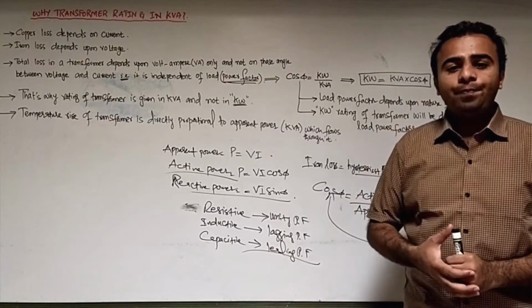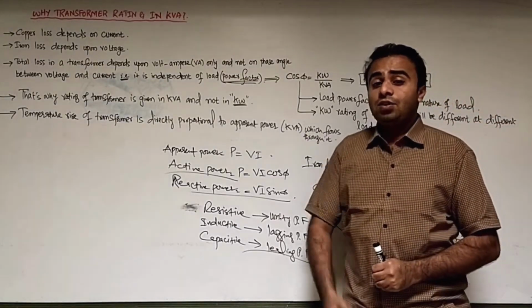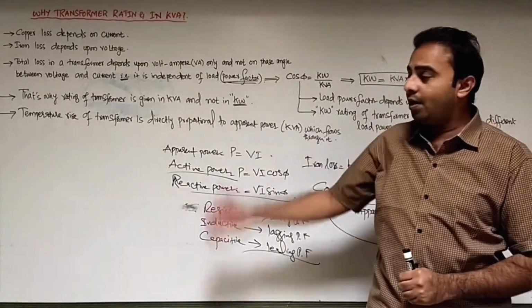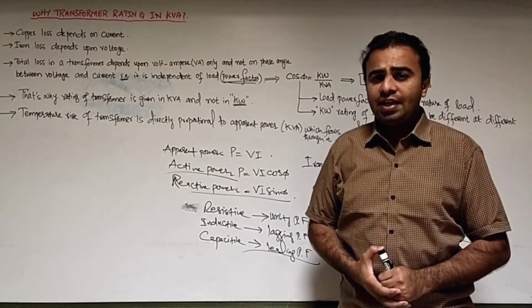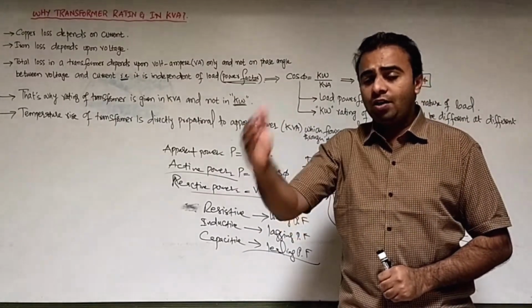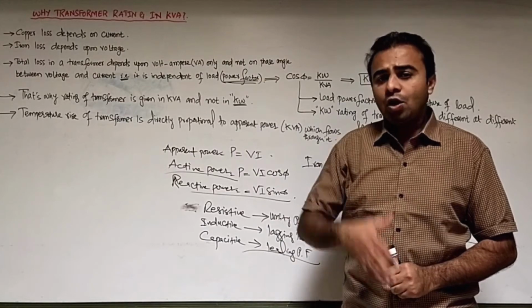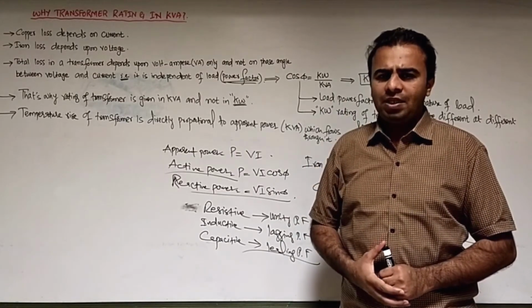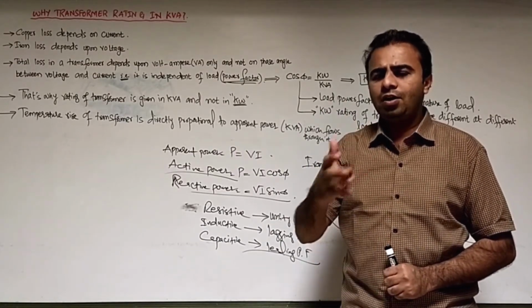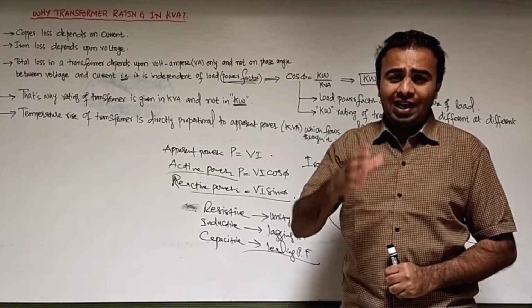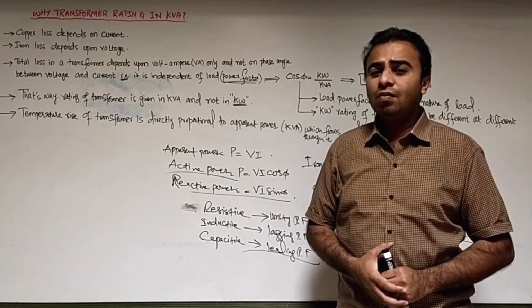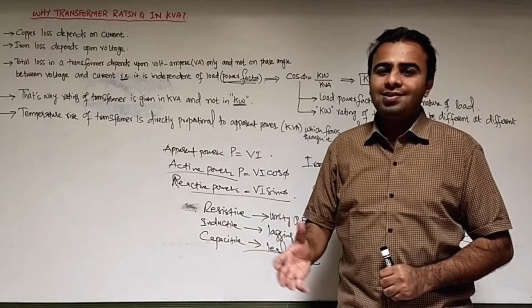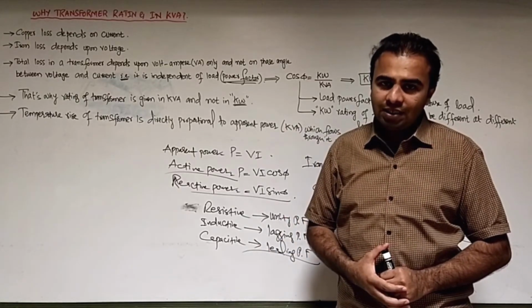So this was the explanation of why the transformer is rated in kVA and not in kW. While designing an electrical machine, either a transformer or an alternator, machines are designed on the basis of apparent power, because we are not considering the phase angle between voltage and current.